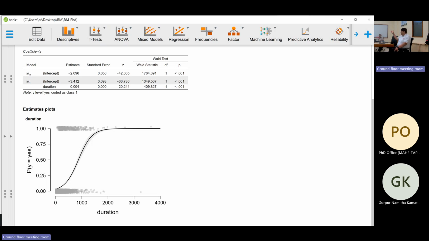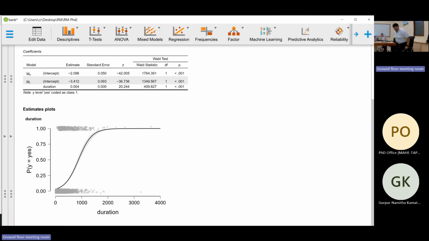Usually if you make up some data, it would come as a nice S shape. So what you have to understand is that in logistic regression, this probability will not be very sharp.